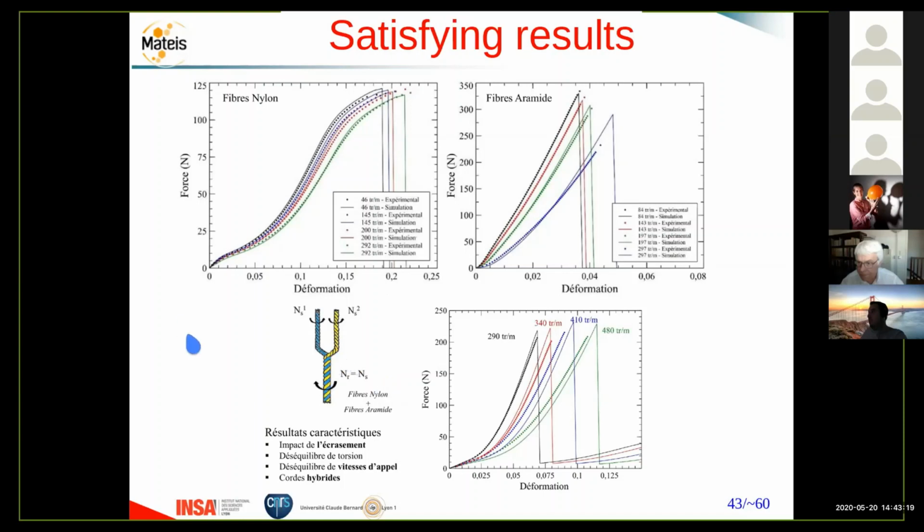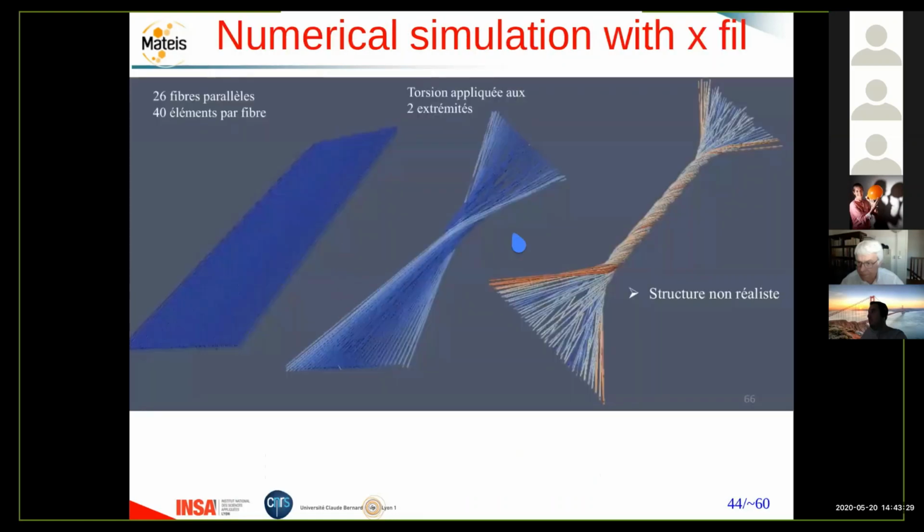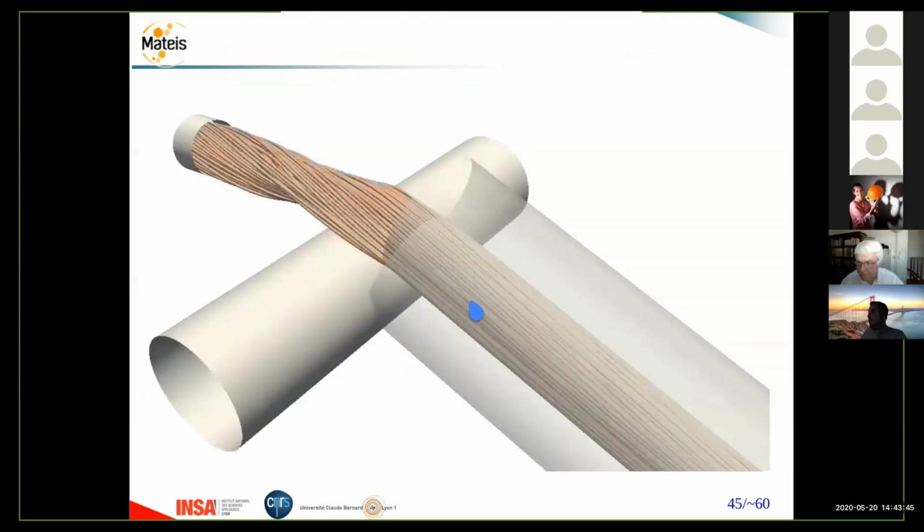So one last word on this, the wires. We've also been doing some numerical simulation based on these observations using the multi-fiber software which is developed in École Centrale by Damien Durville. So I show you one animation. It was very difficult to fabricate the yarn, to produce the yarn.